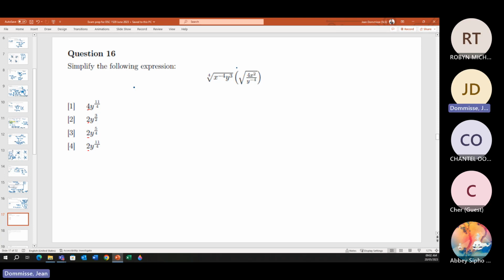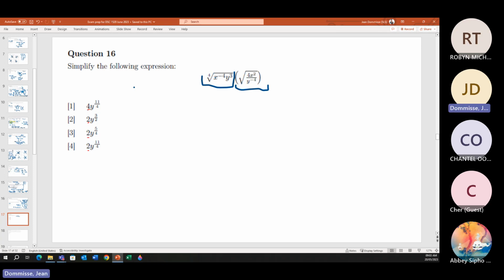Okay, so let's look at this, and let's see how we can simplify this. I will first work with one term, and then with the other term, and then we can multiply again to see what we get in the end.